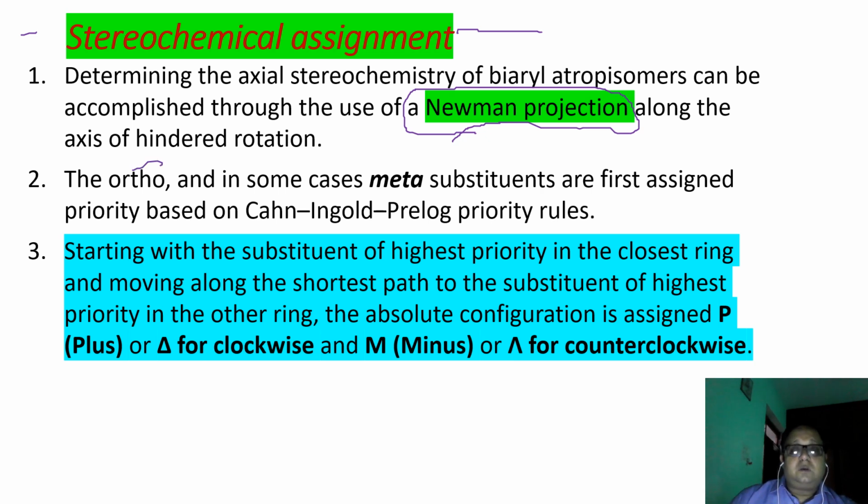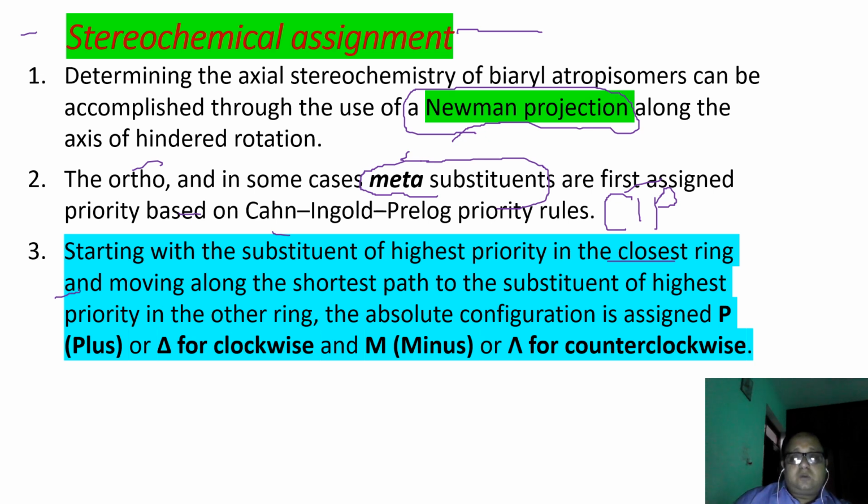The ortho substituents, and meta substituents in some cases, are first assigned priority based on the Cahn-Ingold-Prelog priority rules. These CIP rules are the ones we have already encountered in RS nomenclature and EZ isomerism. So we start with the substituent of the highest priority in the closest ring.